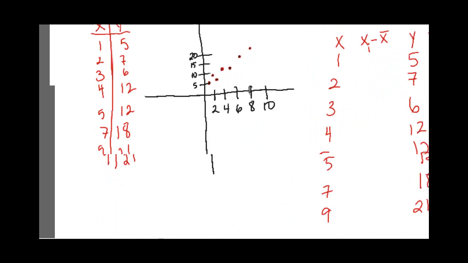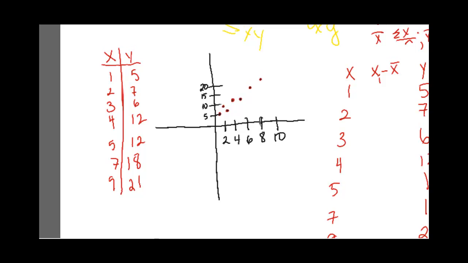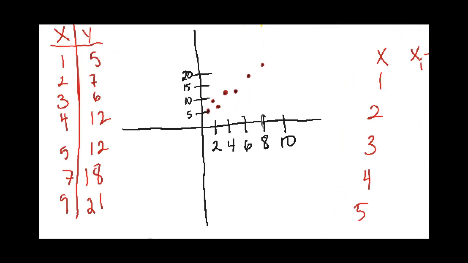So let's look at these data points. I've taken the liberty of graphing them already. Let's zoom in a little bit. If you were to do a scatter plot, just plot the x value and the corresponding y value, this is roughly the trend of data points that you would see. You should hopefully be able to tell that there's a pretty strong linear relationship here.